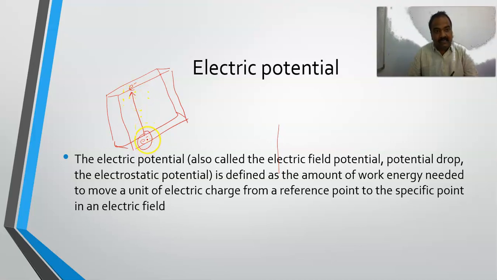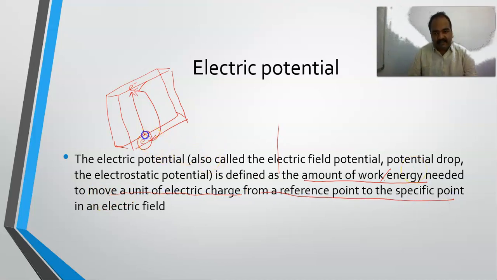Now, in other terms, to move this charge from this initial position to your final position, I do require some energy, right? So this energy which is required to move this point to this point is termed as electric potential. So that's why I have mentioned here clearly. See here, it is the amount of work or energy needed to move a unit of electric charge from a reference point to a specific point in an electric field.